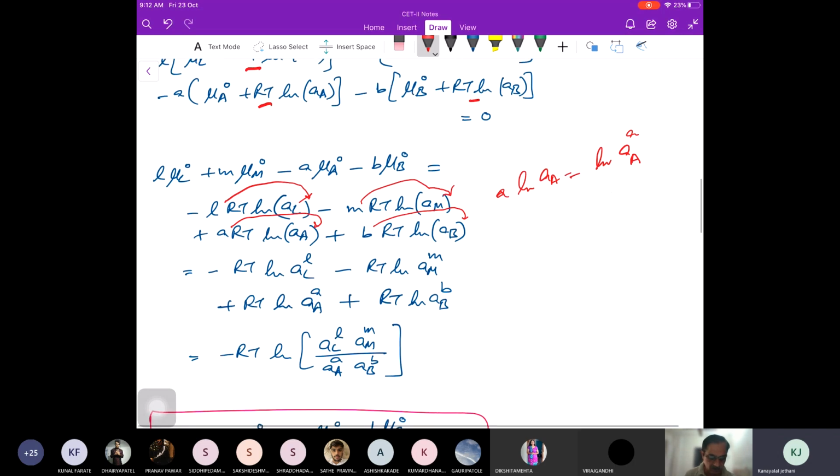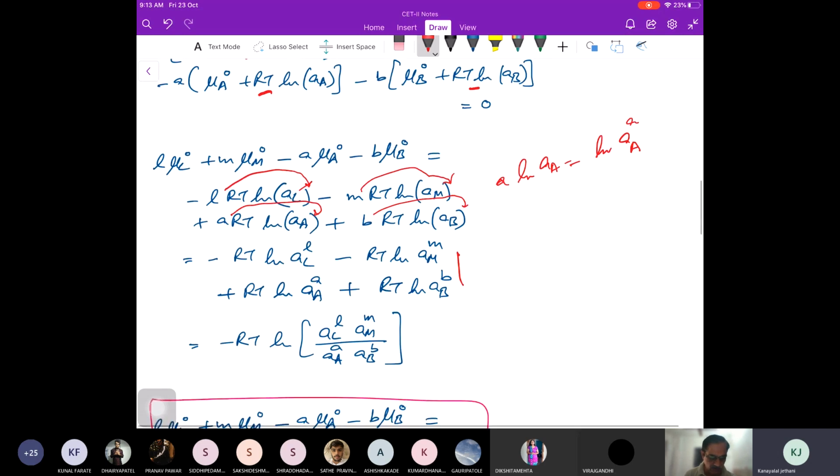You can combine all these four terms and get the right hand side as minus RT ln of a L to the power of l into a M to the power of m, divided by a A to the power of a and a B to the power of b. Any questions on this?